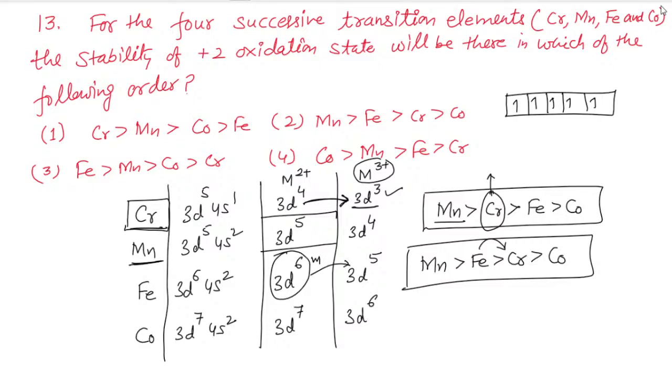And for cobalt, 3+ is 3d6, that is less stable, that's why cobalt is at the end. So manganese, then iron, then chromium, then cobalt. So option 2 is correct. Ashish, very good.